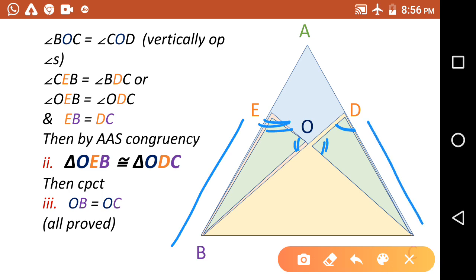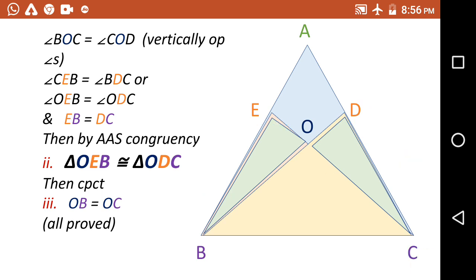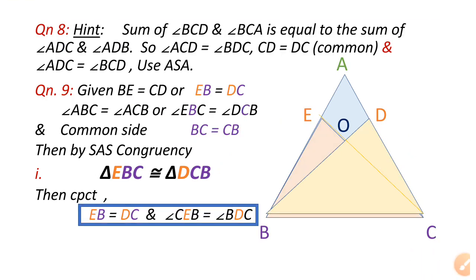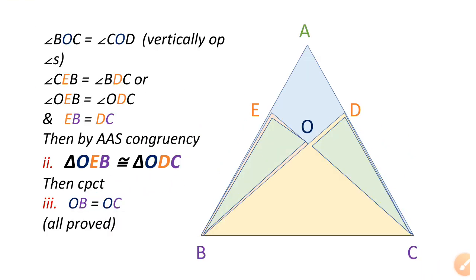So angle, angle and side, by this congruency rule those are found congruent. So this is the proof of bit 2. Here you can see, bit 2 is proved.